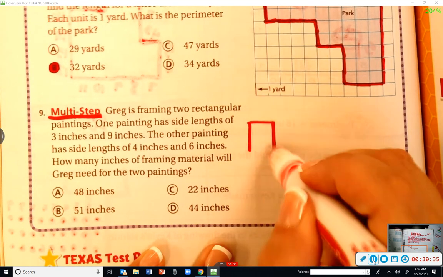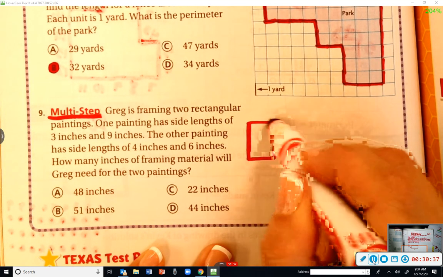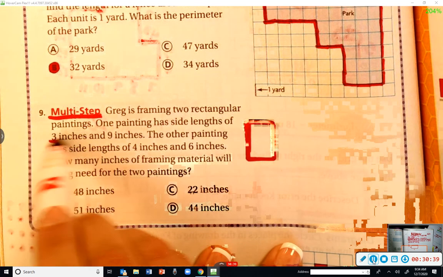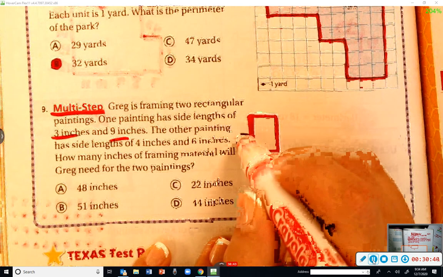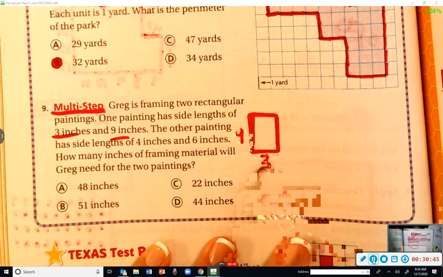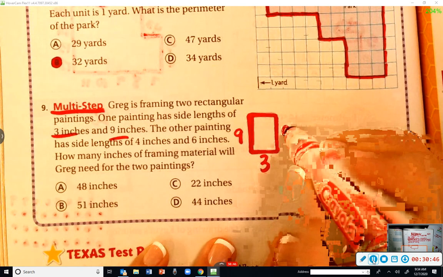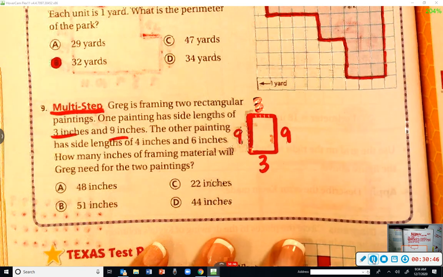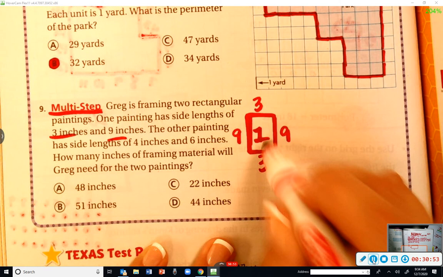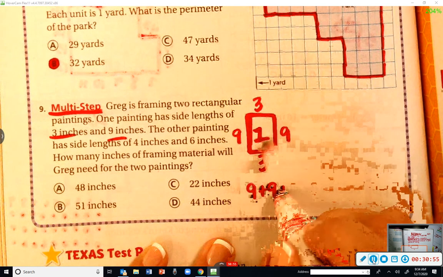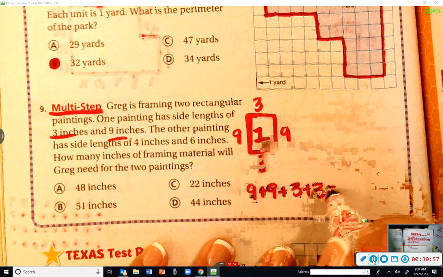Okay, so you had to remember, even though they only gave you 2 numbers for each painting, you had to add up 4 sides. So if this is 9, 3, then that means this is 9 and this is 3. So for painting number 1, I'm going to add up 9 plus 9 plus 3 plus 3.